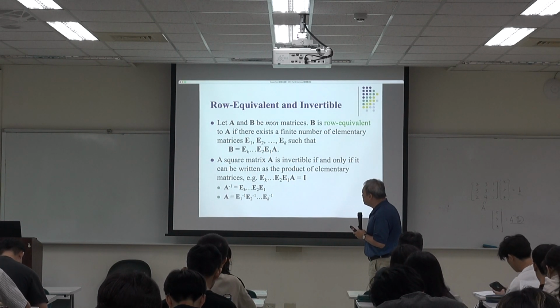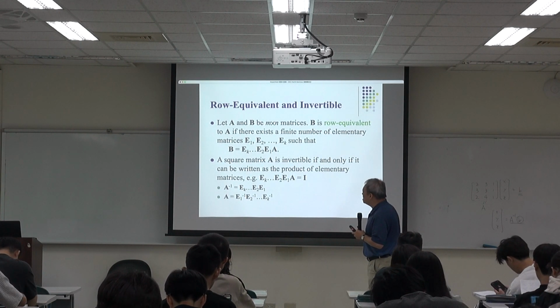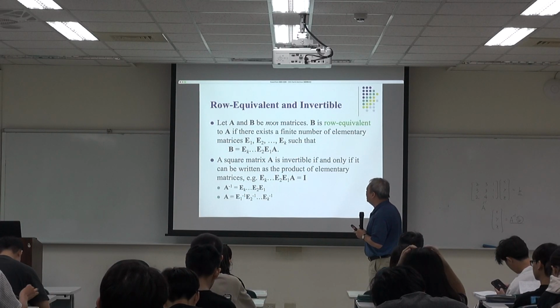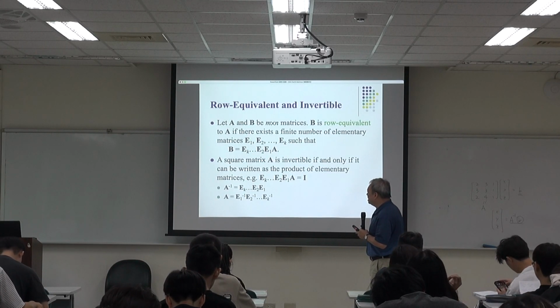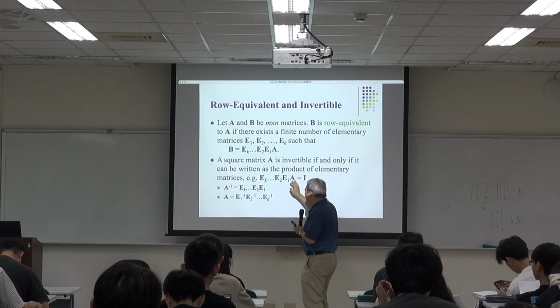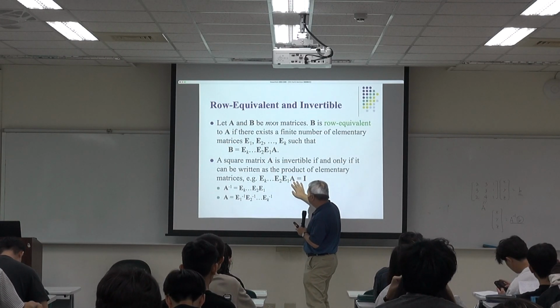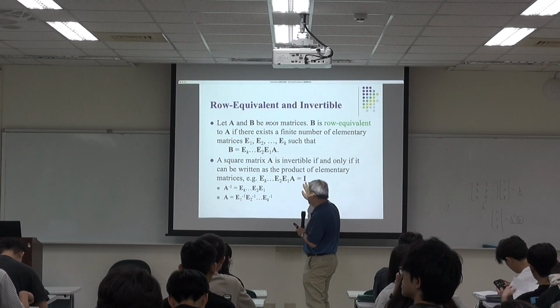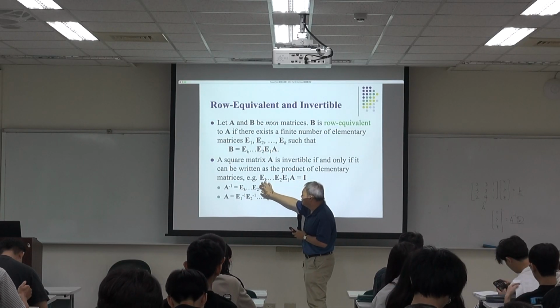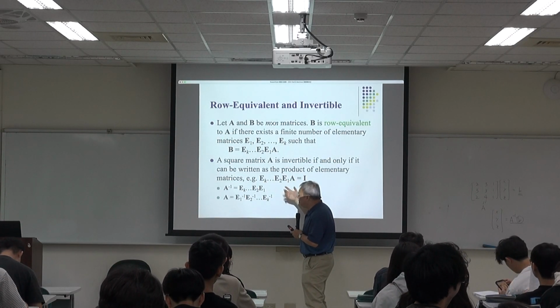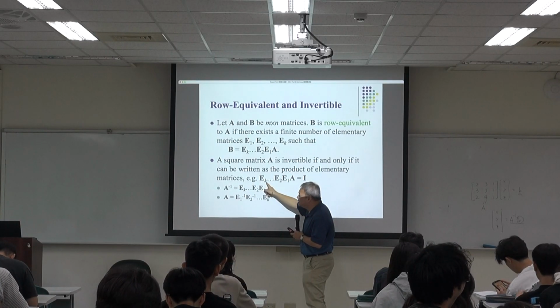And the square matrix A is invertible if and only if it can be written as a product of elementary matrices. Now, we can convert A into the identity matrix with a number of elementary row operations represented by E1, E2, ..., EK.